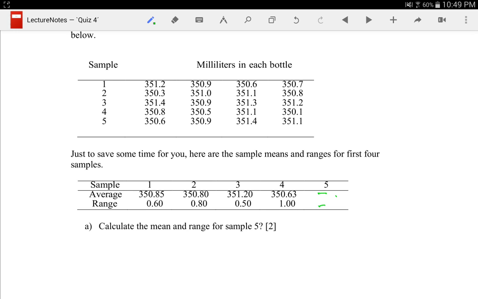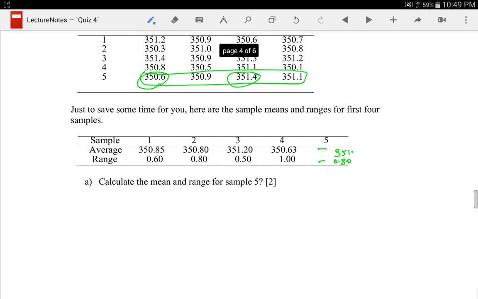According to my calculation, the mean is 351. All I did was take the average of these 5 values. The range is the maximum value 351.4 minus 350.6, which I got to be 0.80. Alright, so this was the answer for this question.